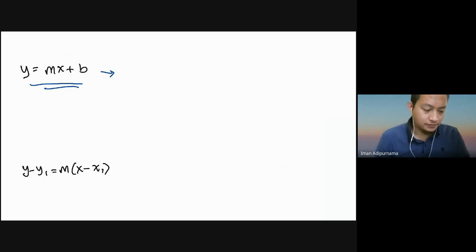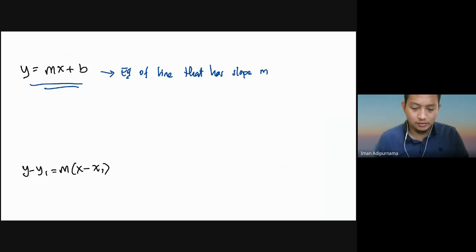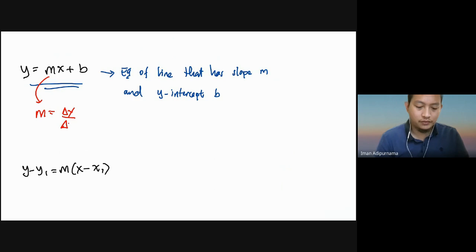This is the equation of a line that has slope m and y-intercept b. We can find m from the delta of y over delta of x.